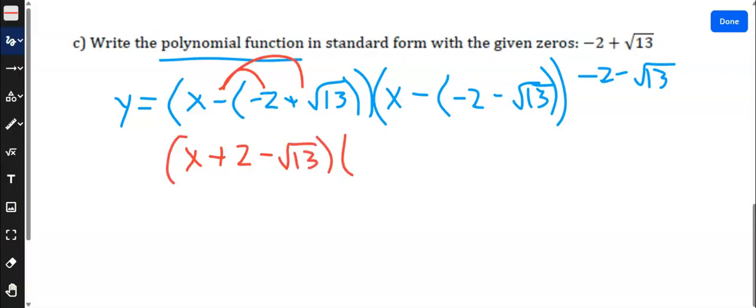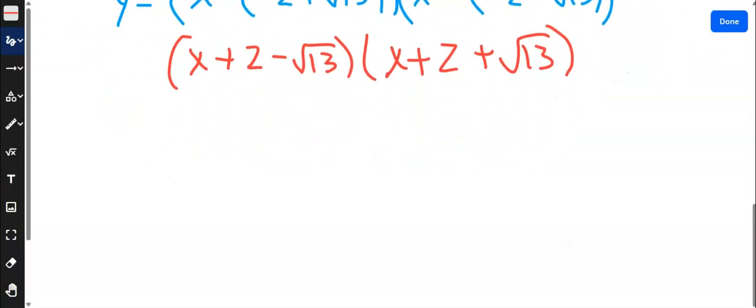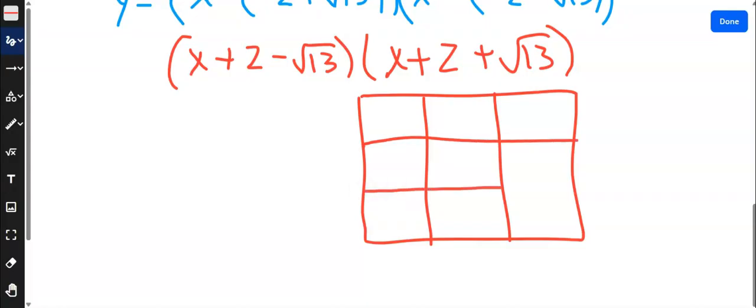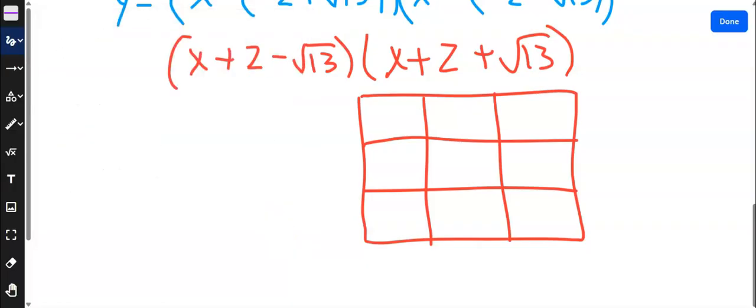And do it again, do the distributing, x plus 2 plus radical 13. Okay, and so now we're going to do this foiling thing. Now, if you and I know which ones are canceling, do I have to waste my time? If I know that one and that one are going to cancel, and if I know that one and that one are going to cancel, why waste my time, right?